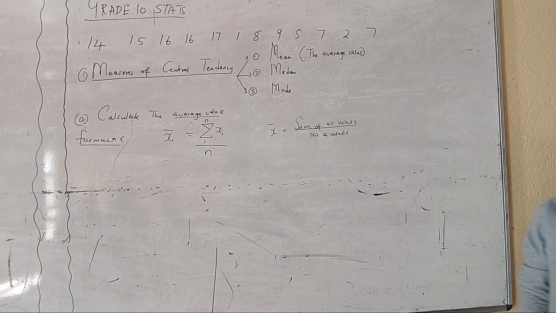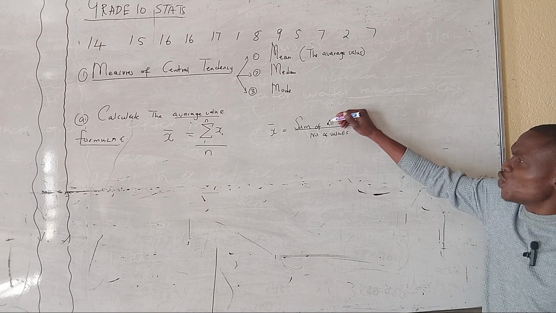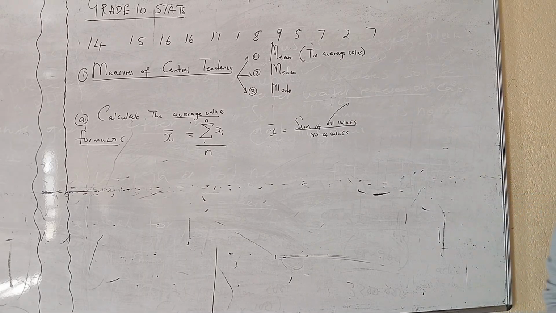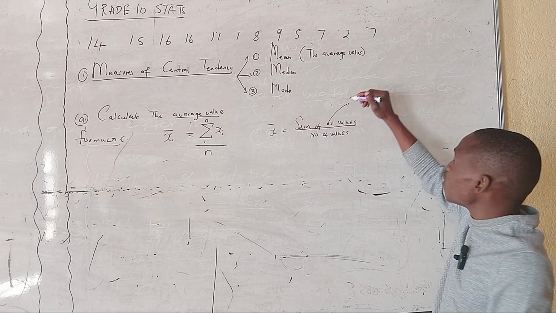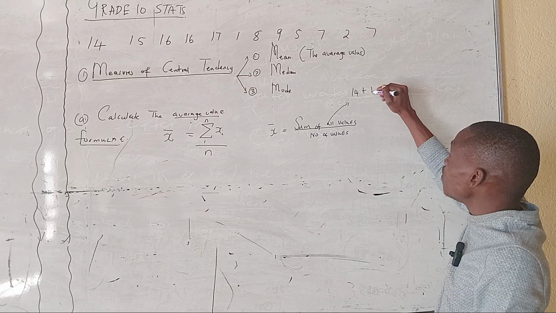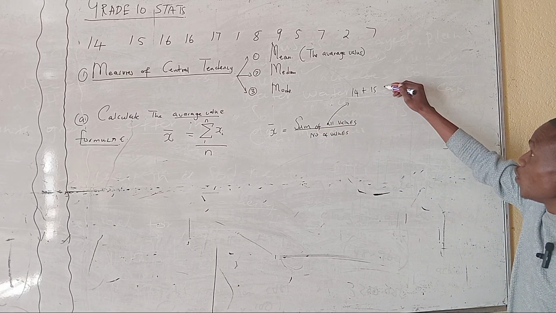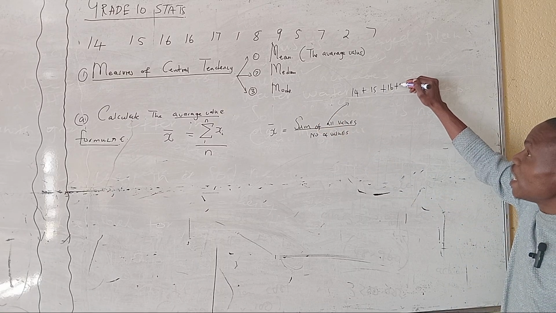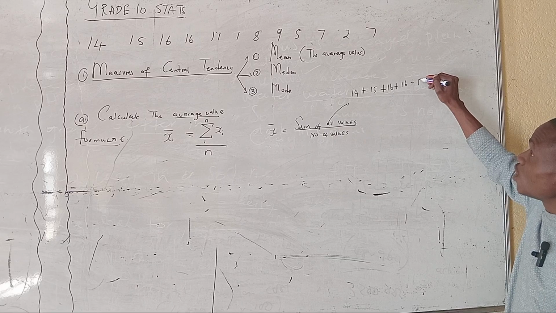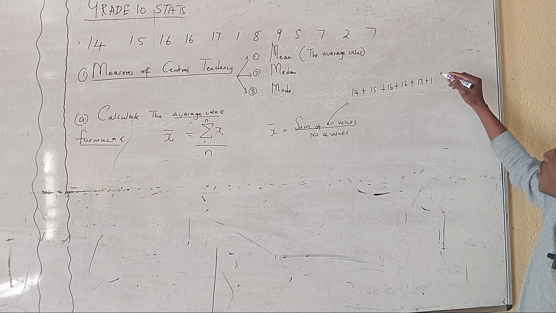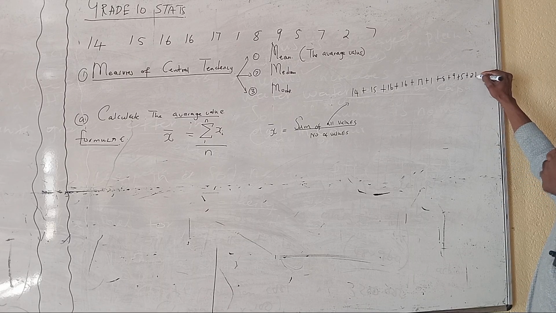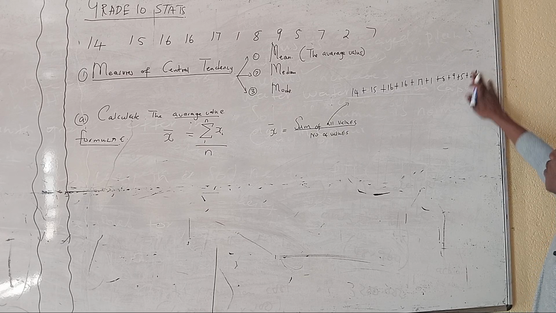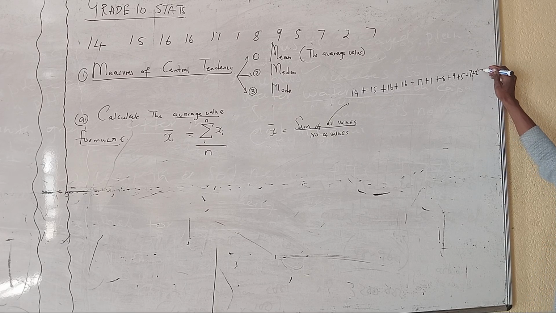So let us find the sum of all values. How are we going to find it? We add all our values which are found in the data: 14 with 15 with 16, and so on.